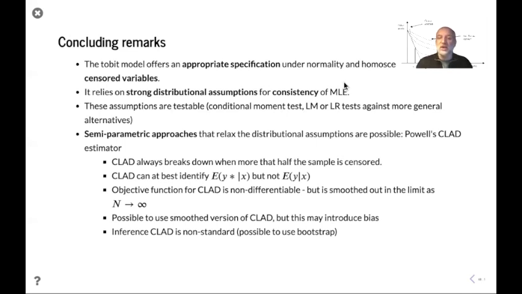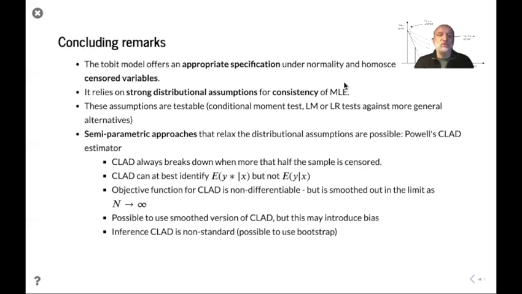I mentioned that you could do a Lagrange multiplier test or likelihood ratio test against more general alternatives, but we didn't really carry it out. I just showed this conditional moment test. You can derive a test statistic for the Tobit model under the null that the Tobit model is the true one, and then test those assumptions.